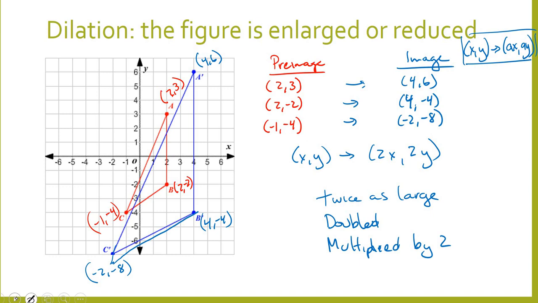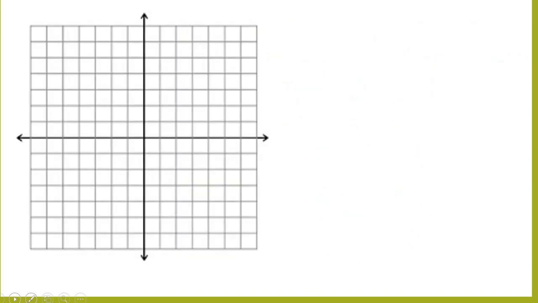Let's take a look at another one of these. So again, once I get this figure up, make sure that you have got it on your screen properly. I'm going to start with my red from my pre-image. So I'm going to start with a figure at -3, 3, 3, 6, and 6, 0.